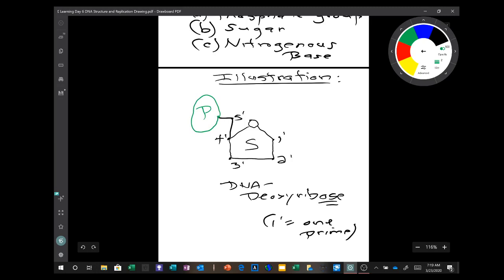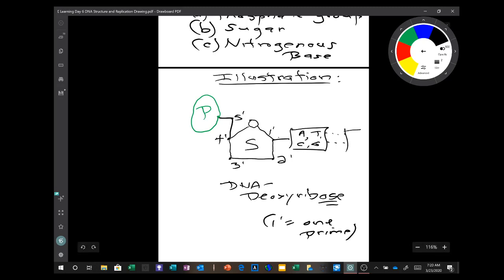Then I'm going to take this 1 prime out of here just for a minute and put it up a little bit higher. At the 1 prime spot is where your nitrogenous bases would be attached. You learned last week there are 4 different ones: adenine, thymine, cytosine, and guanine.